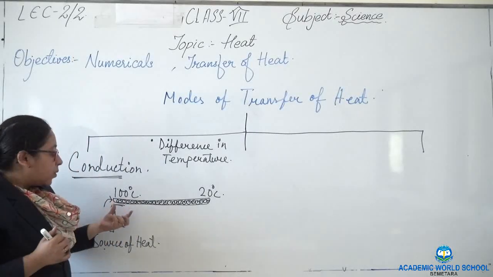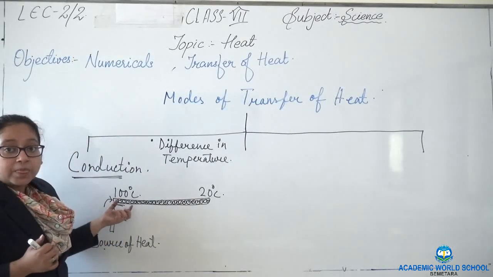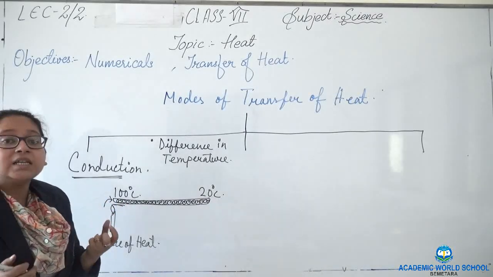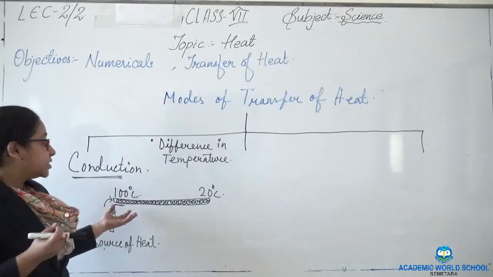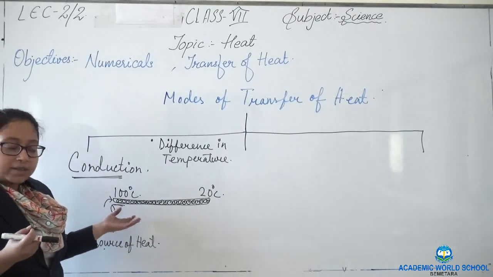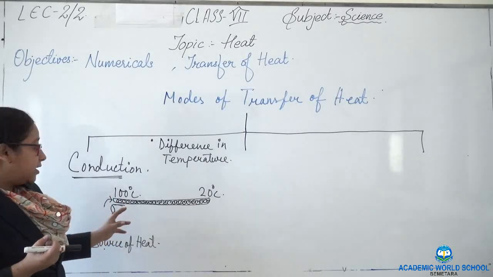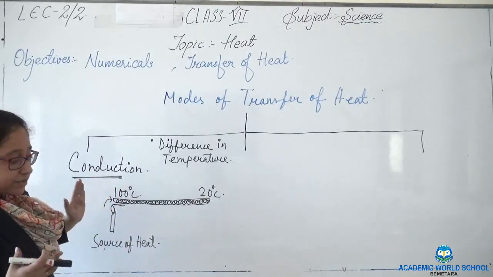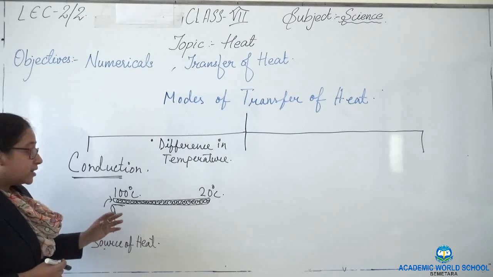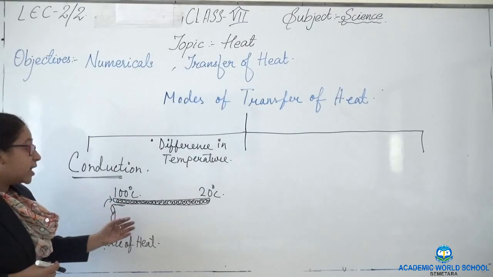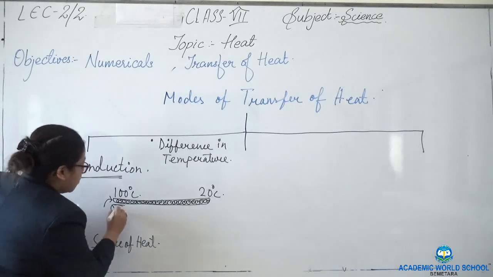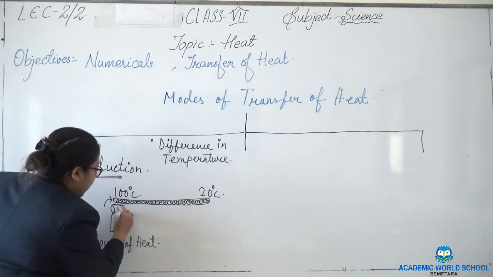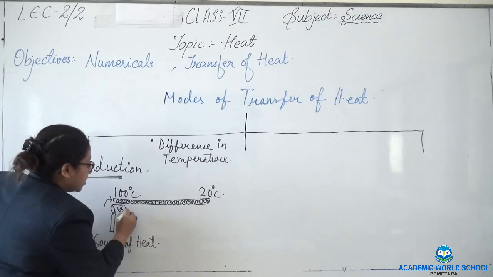Now what happens? When heat is given, the molecules get activated. When the molecule is gaining heat, which is a form of energy, the molecules get activated. As the molecules get activated, they vibrate. When one molecule vibrates, it vibrates its neighboring molecule.